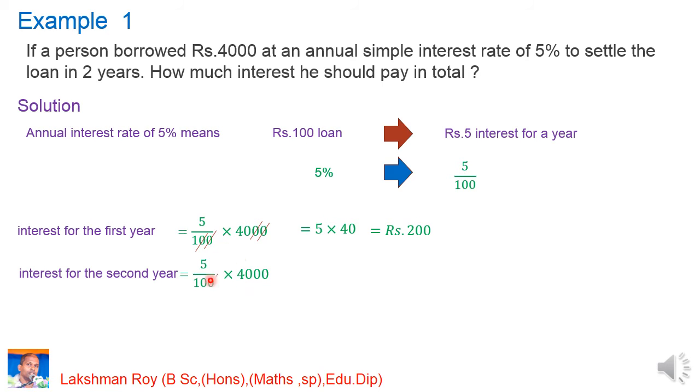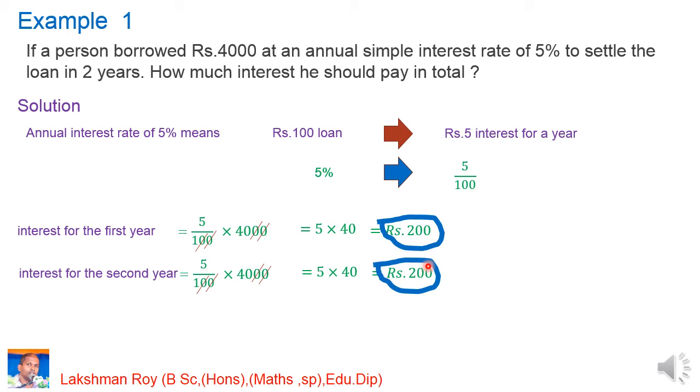In the same way you can simplify this, students. Zero cut, here also zero cut, here zero cut. Then 5 multiplied by 40, same, 200. Now you can see, interest for the first year is 200 rupees, interest for the second year is 200 rupees. What is the meaning?